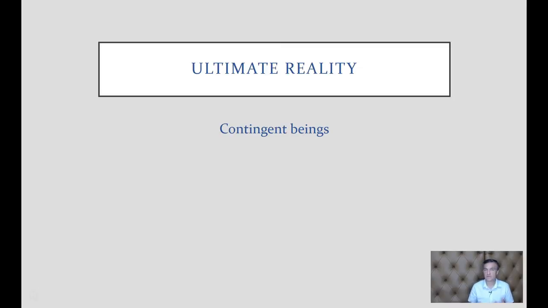And so again, what is the value or worth of contingent existence? Contingent existence includes not only you and I, not only all mortal things, but the entire universe, which exists contingently. It didn't have to be. So what is the value or worth of all those contingent beings relative to the ultimate reality?